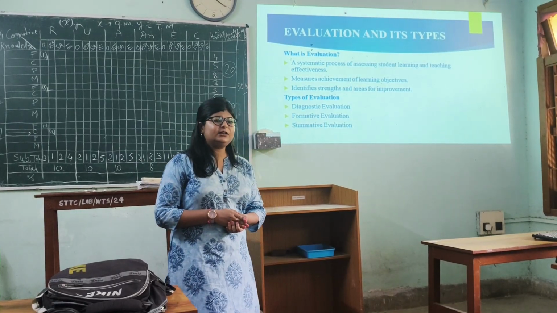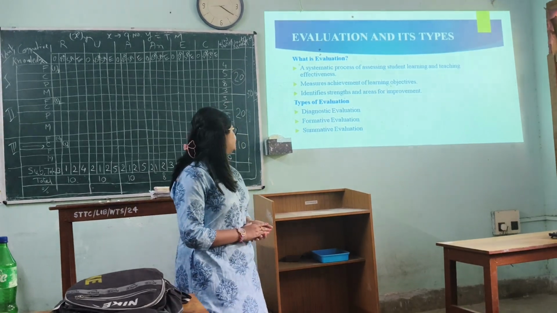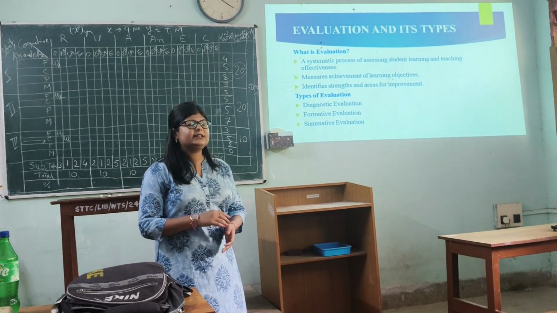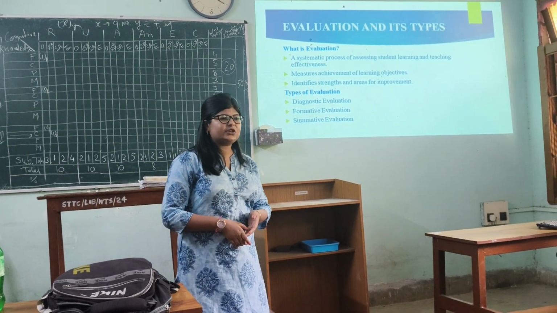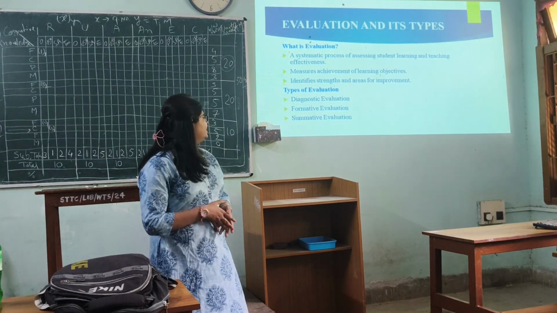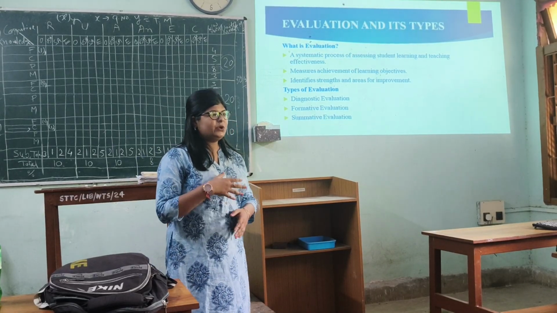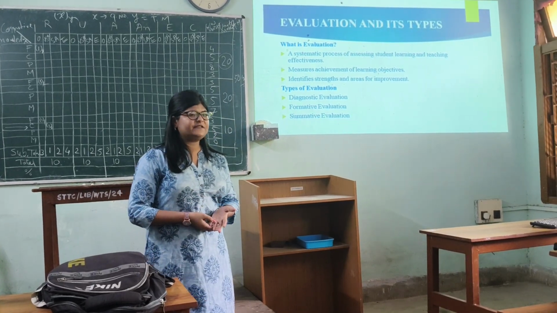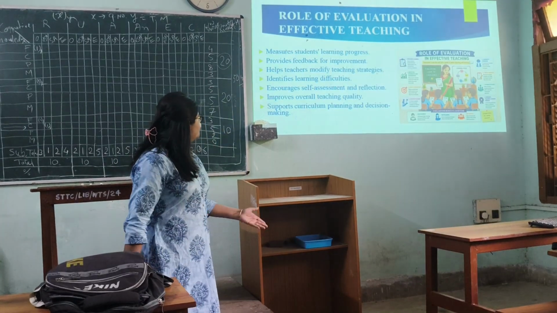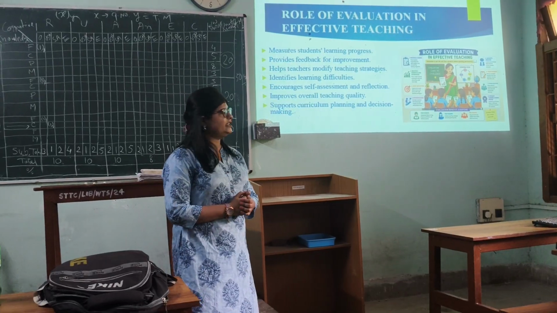This is generally done before a lesson is started to check the previous knowledge of students. Formative evaluation is generally carried on while the teacher is teaching the lesson to monitor and check the students' progress. And summative evaluation is always done after the lesson, which checks whether the learning objectives are being fulfilled or not. Moving on to the next slide, we have the role of evaluation in effective teaching.